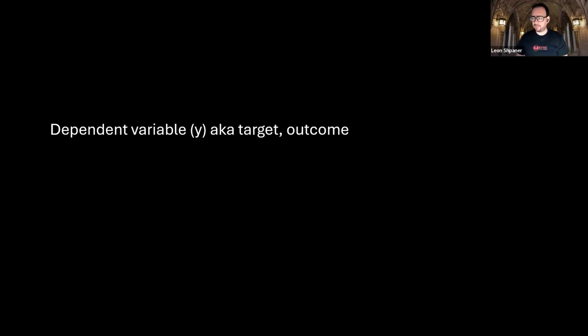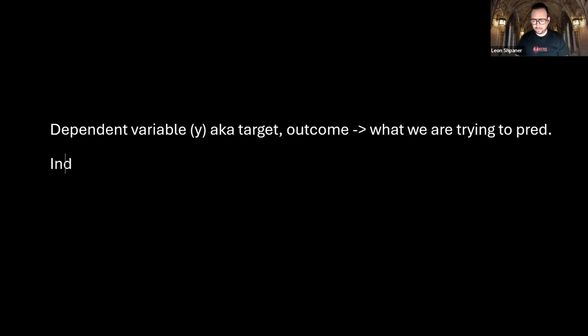We use these interchangeably. So whenever someone says to you, what's the y? It's the dependent variable. Or what's the target? Again, that's the dependent variable. It's y. It's also the outcome. It's just different terminology, but that's essentially what we are trying to predict.